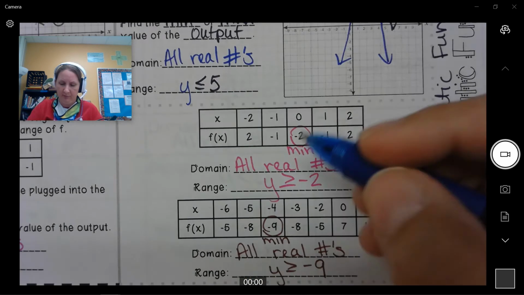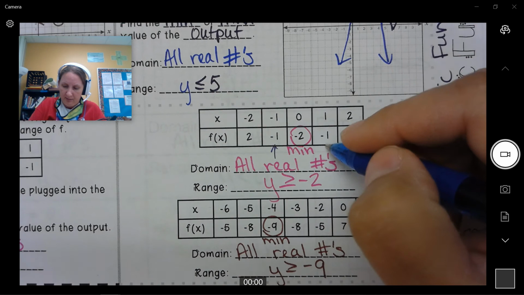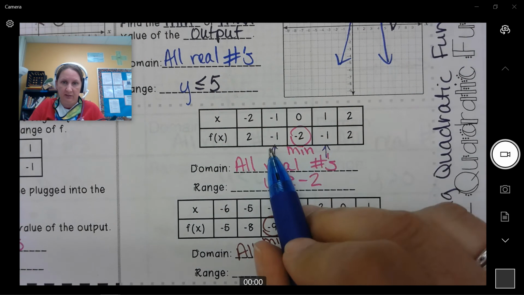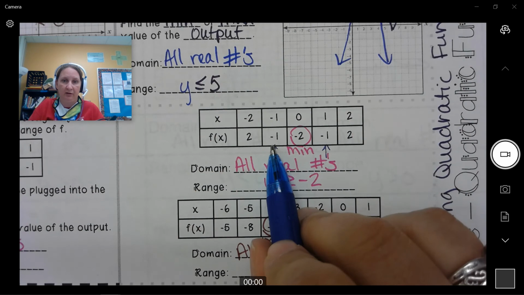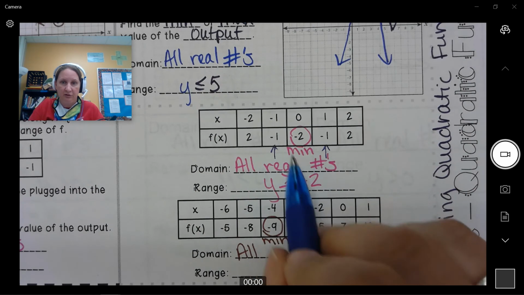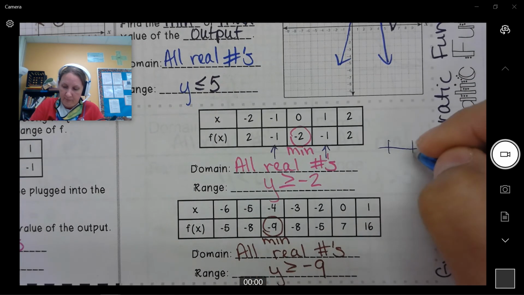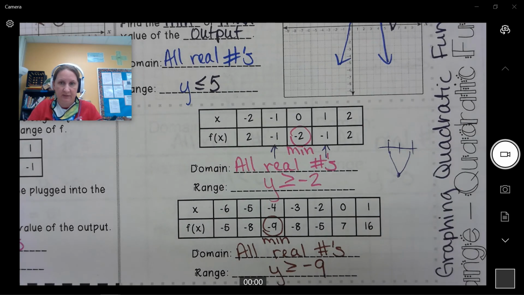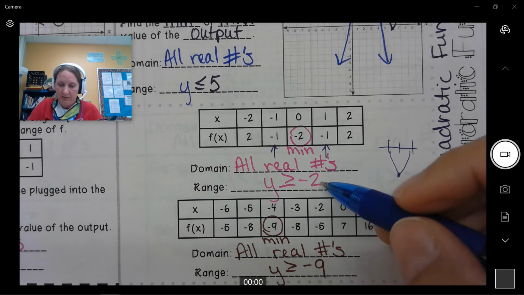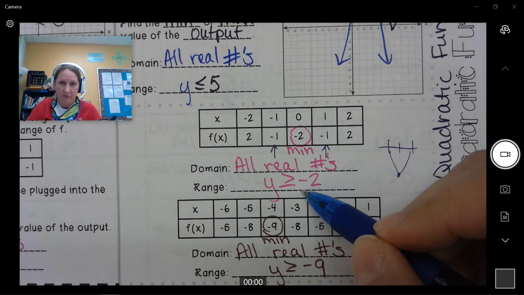Okay, so here's an example of a min. You look for the two numbers being repeated around something. They are bigger numerically. -1 is bigger than -2, which means you would have had that situation happening, which makes it a min, so you have y greater than or equal to -2.